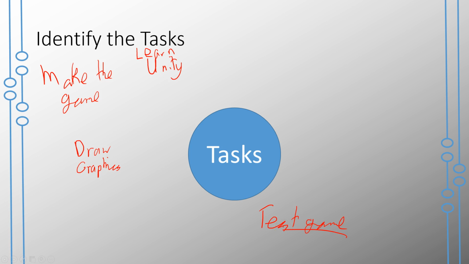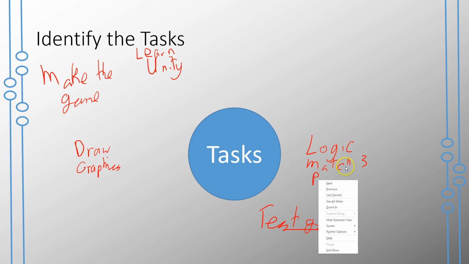Often overlooked, testing it. And then I need to do the logic, and that basically is the matching 3, things like points. Okay, so the logic: matching 3, doing the points, so we've got that.